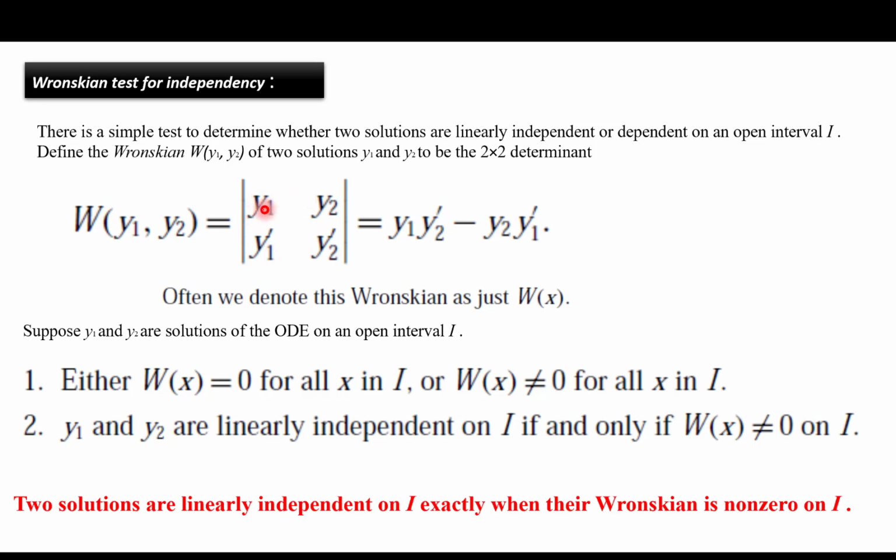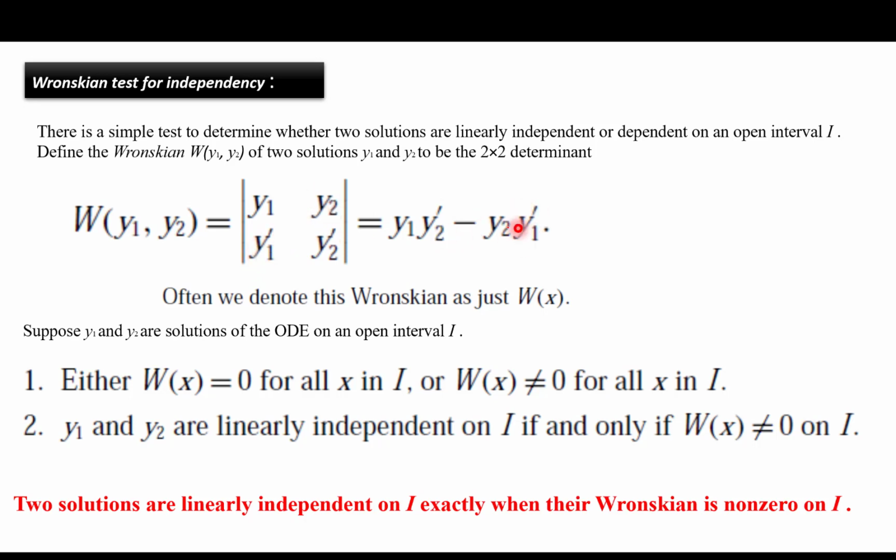We're going to obtain the determinant where we put y1 and y1 prime in the first column, and in the second column we put y2, the second solution of the homogeneous equation, and in the second row y2 prime. Then simply the determinant is going to be y1 times y2 prime minus y2 times y1 prime.